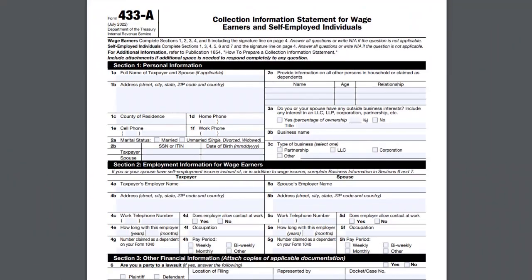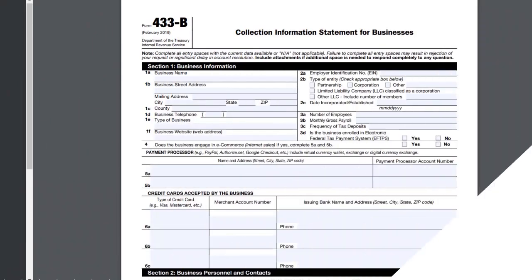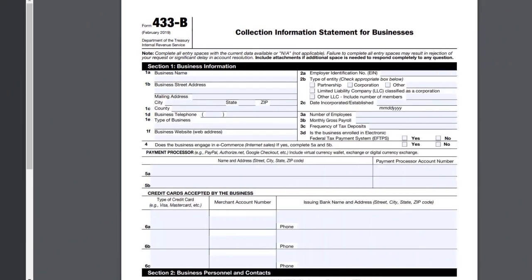433F or Form 433A or Form 433B. You need to provide proof of your financial status. This may include anything about your assets and your monthly income and expenses. Once you have that, you should be good to go. It's really important because a lot of folks don't get this part.